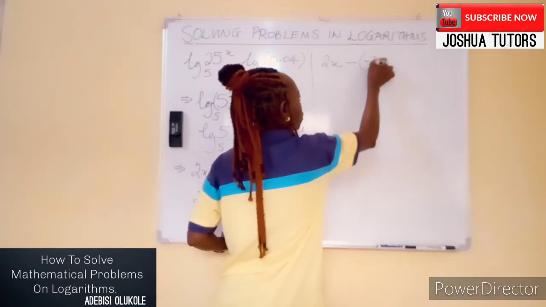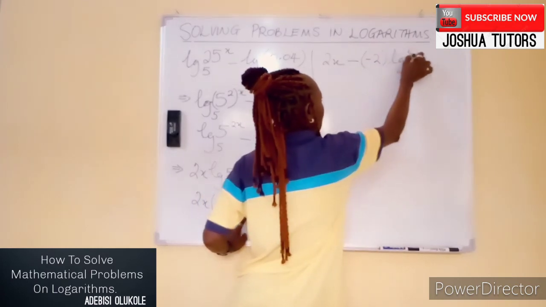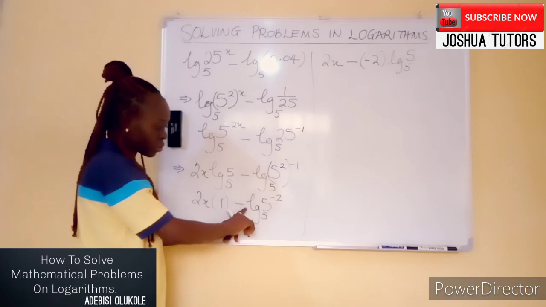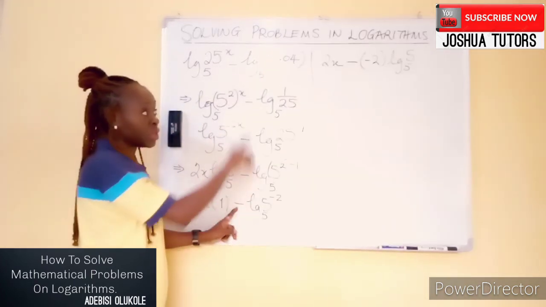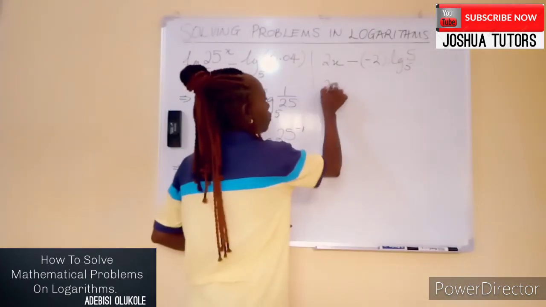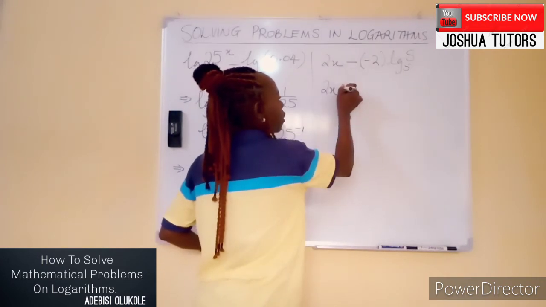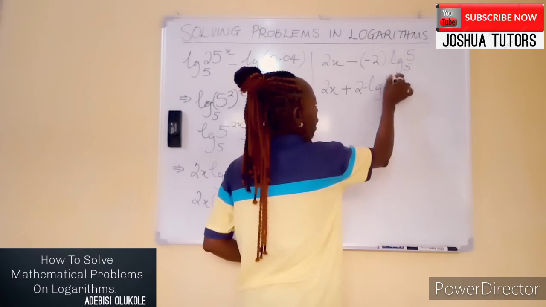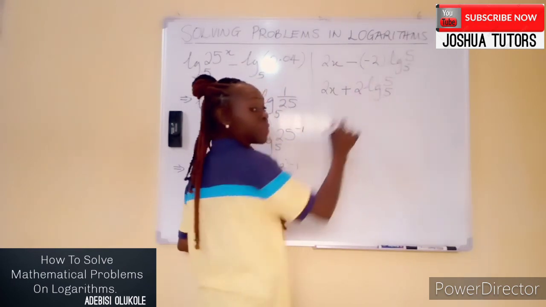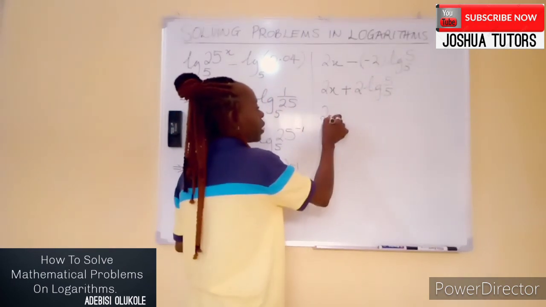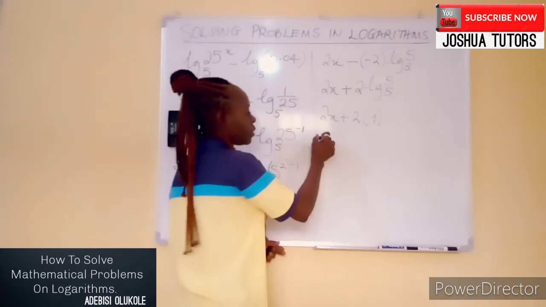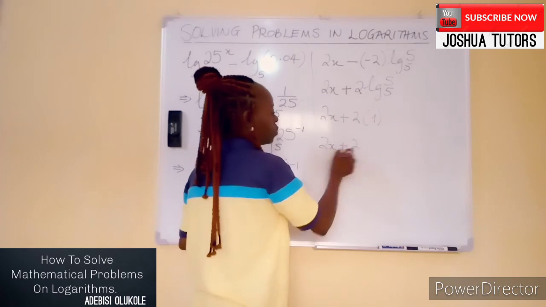So I have minus 2 log 5 to base 5. As you can see, minus 2 becomes the coefficient. It comes to meet with this minus. It's going to be multiplying. So I have 2x, minus times minus, that is a plus, 2 log 5 to base 5. Log 5 to base 5 is 1. So I have 2x plus 2 into 1. Final answer, 2x plus 2.